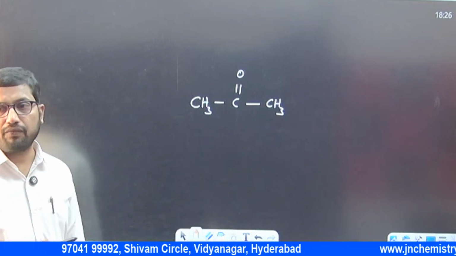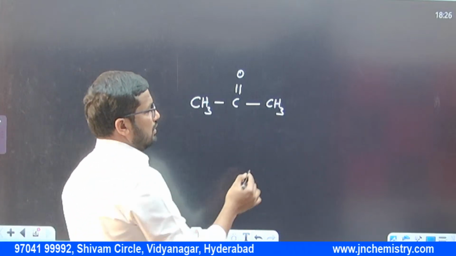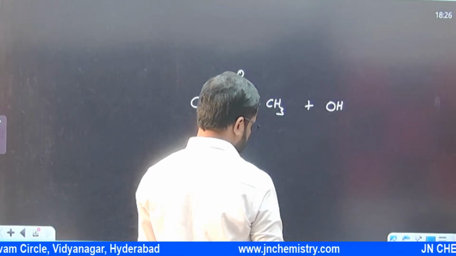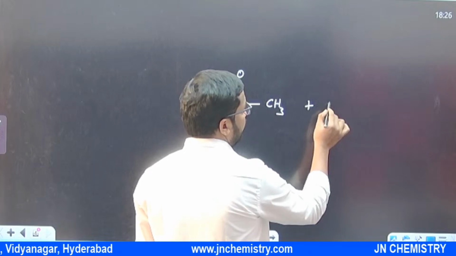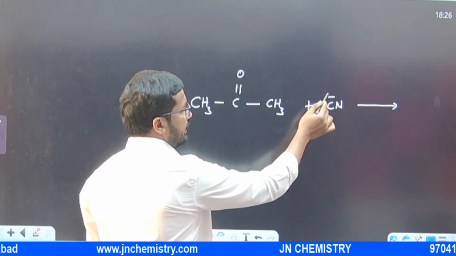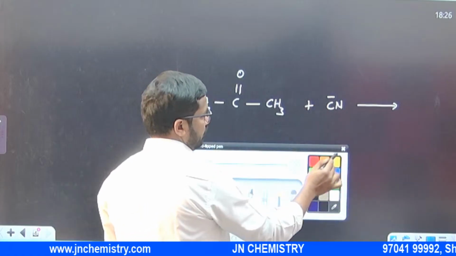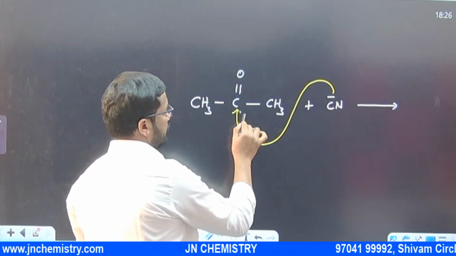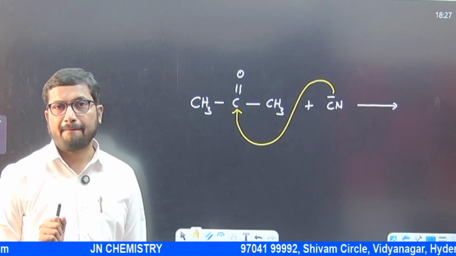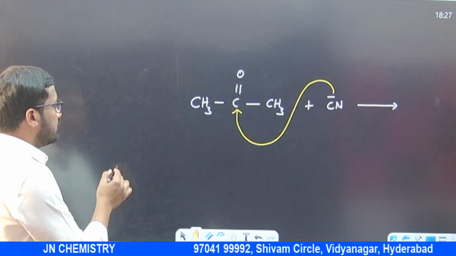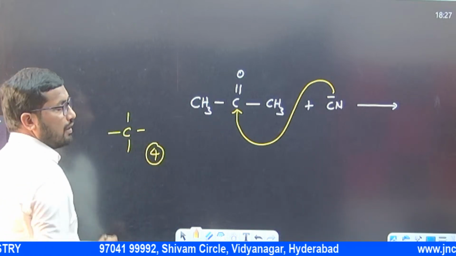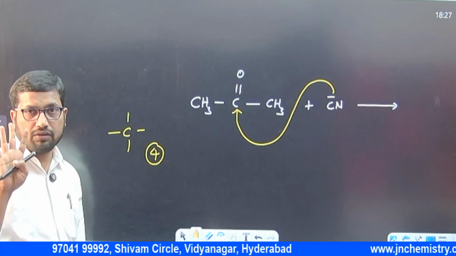One compound is like this, and for example OH minus or CN minus is coming and attacking over here. So let me know, carbon always has how many bonds? 4 bonds.